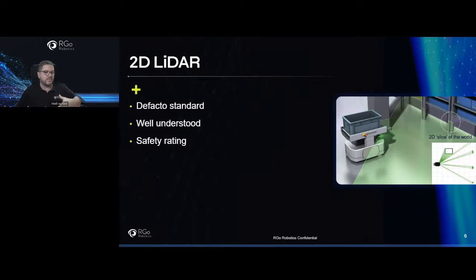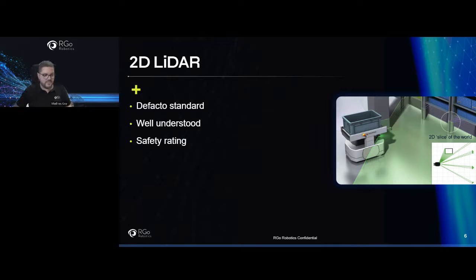So the first and most common navigation system that we have on the market are obviously the 2D lidars. They are the most common because they are basically embedded in any kind of robots. They are very well understood. They can address navigation, but also safety applications. So this was the go-to system for the last few years.